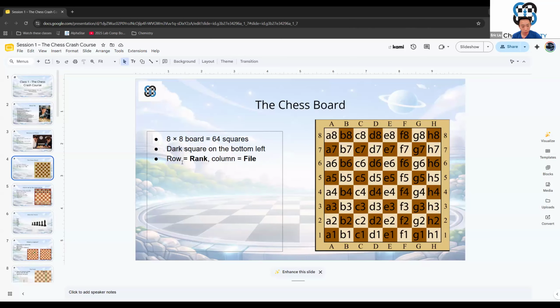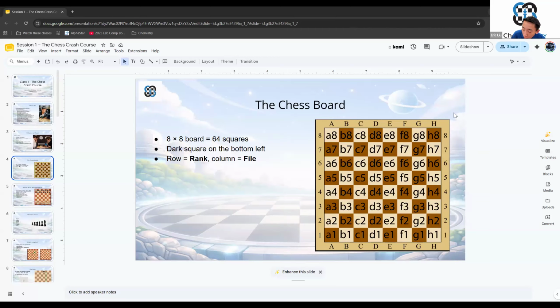And a little bit of chess terminology. Each row is called a rank. And each column is called a file. And we have a way to write each chess square. So for example, the bottom left square is called A1.